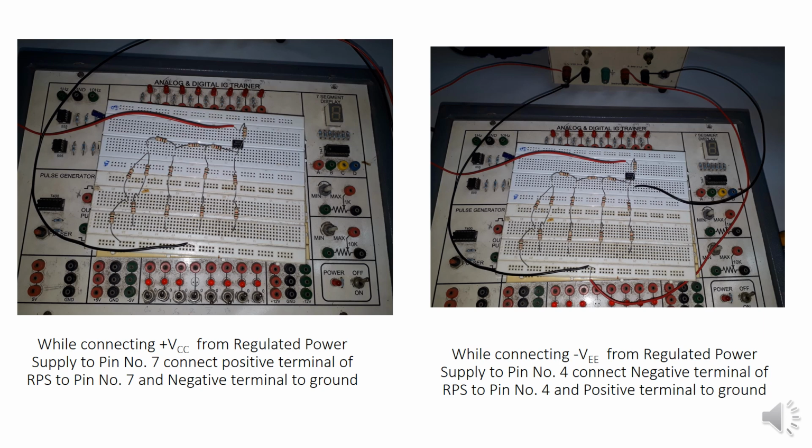So here you can see the positive terminal is connected to 7 and the negative terminal is connected to ground, and in the next diagram you can see the negative terminal from the other source is connected to pin number 4, and the positive terminal from the other source is connected to ground. Okay, you should not confuse that. You should not take a plus voltage and minus voltage from a single source. Okay.